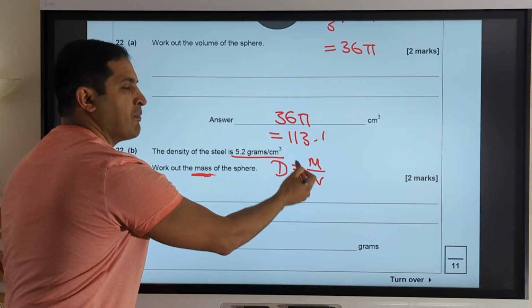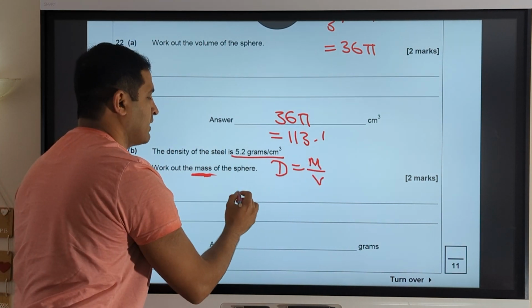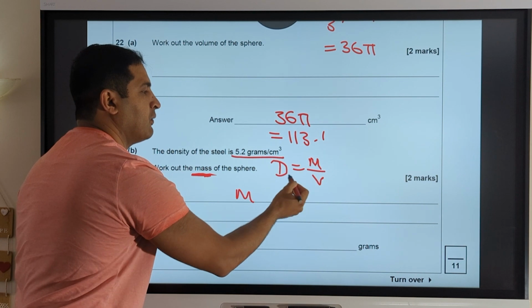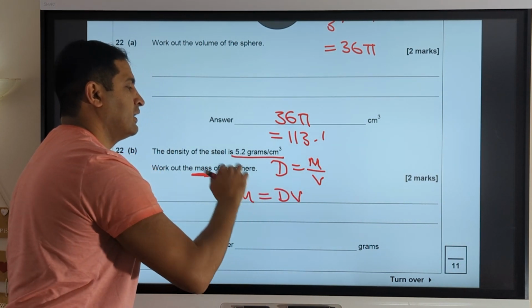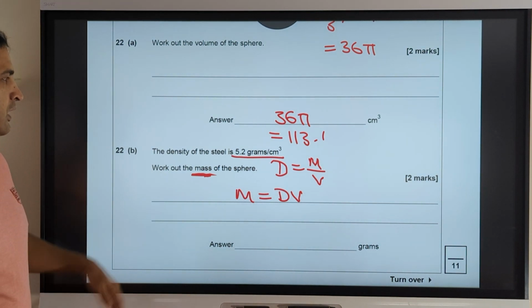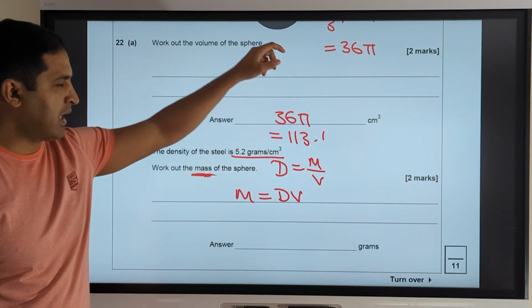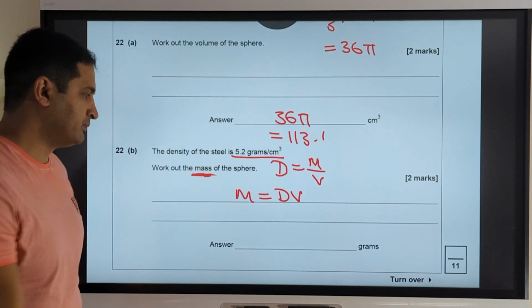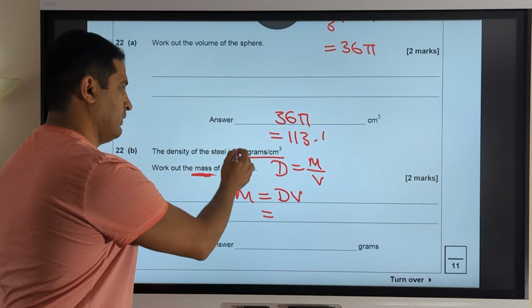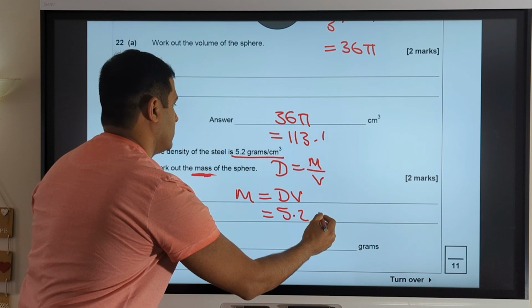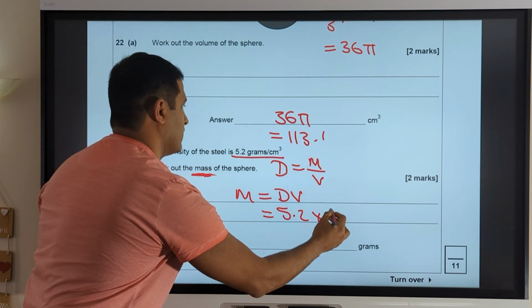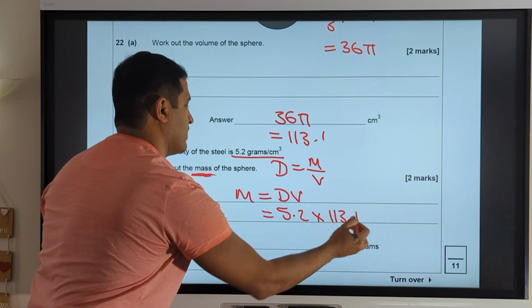So if you want to get the mass as a subject, multiply both sides by V. So mass is equal to D times V. Density times the volume. We know the volume, which is 36 pi or 113.1. And we know the density, which is 5.2 times 113.1.